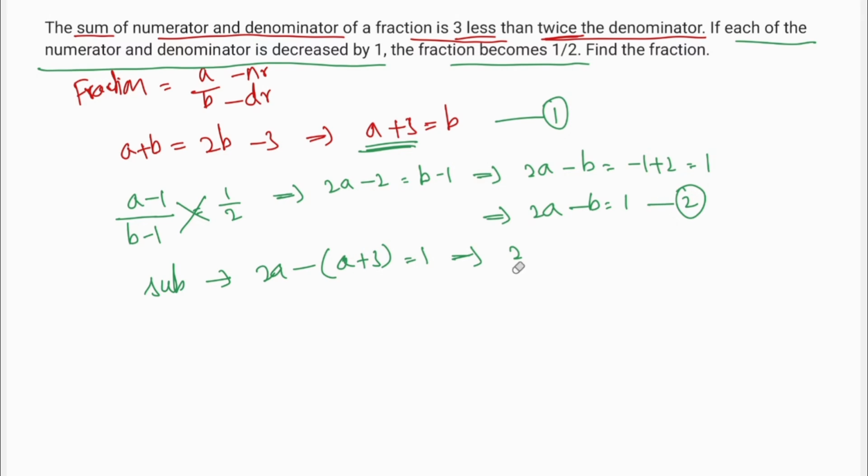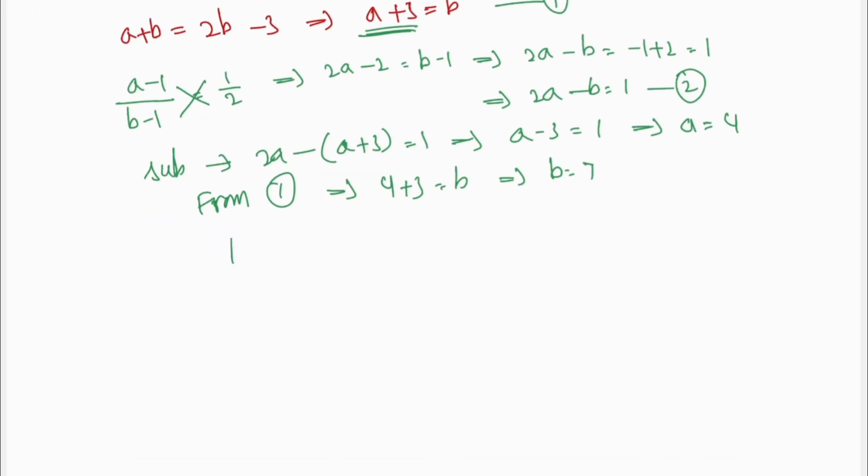Here 2a minus a is what? It is a minus 3 is equal to 1. You get a is equal to 4. You substitute in first equation. You will get 4 plus 3 is equal to b. So b is equal to 7. So the fraction is a by b. It is 4 by 7.